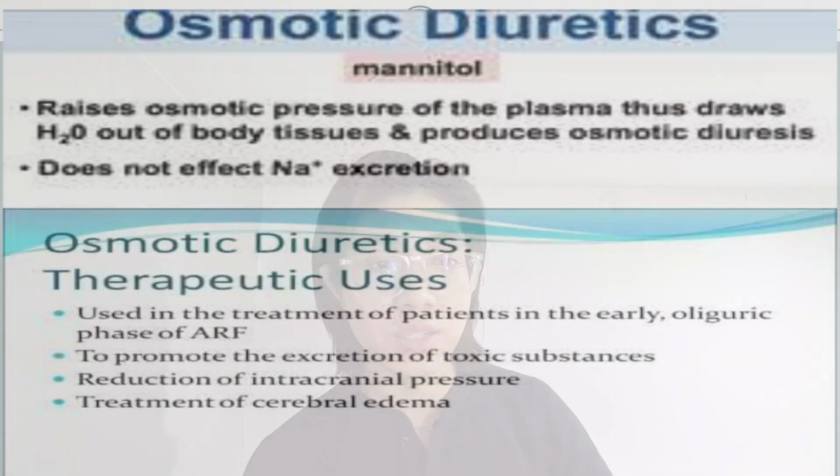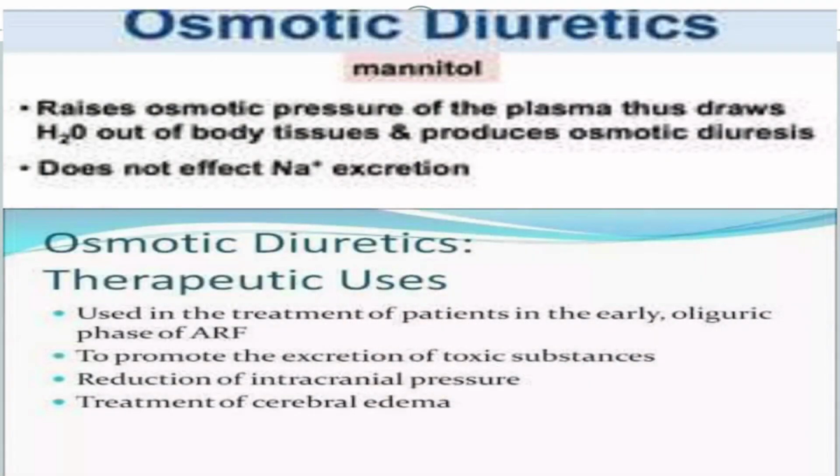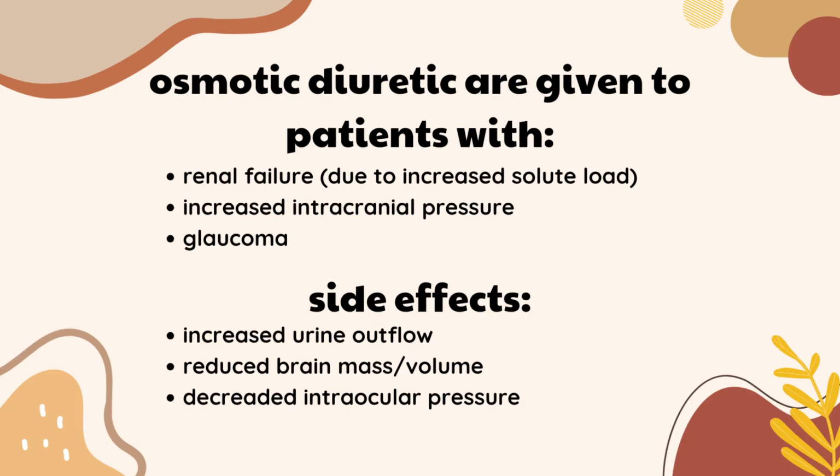Okay, so to continue, we have osmotic diuretics. So what is osmotic diuretics? Osmotic diuretics is a type of diuretics. It works by altering the osmotic pressure of the kidney. So by doing this, it would increase the urine output. Osmotic diuretics is usually given to patients with these following clinical condition.